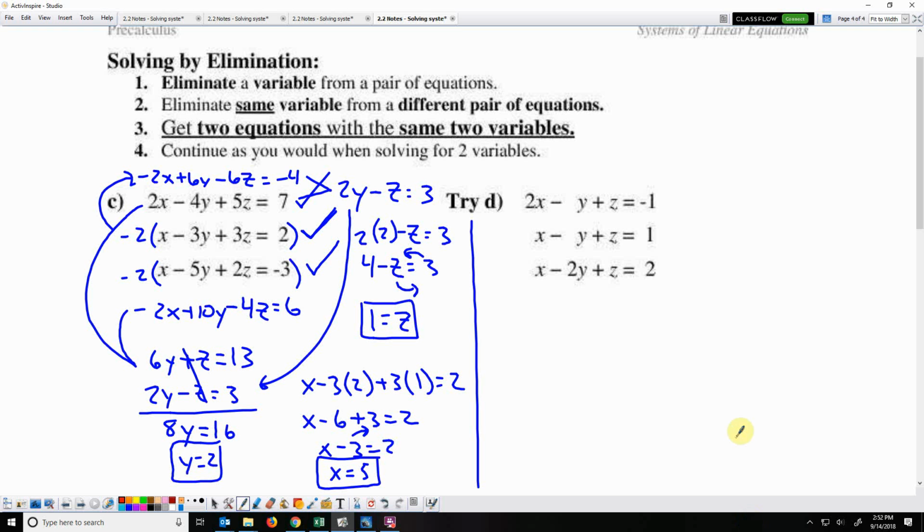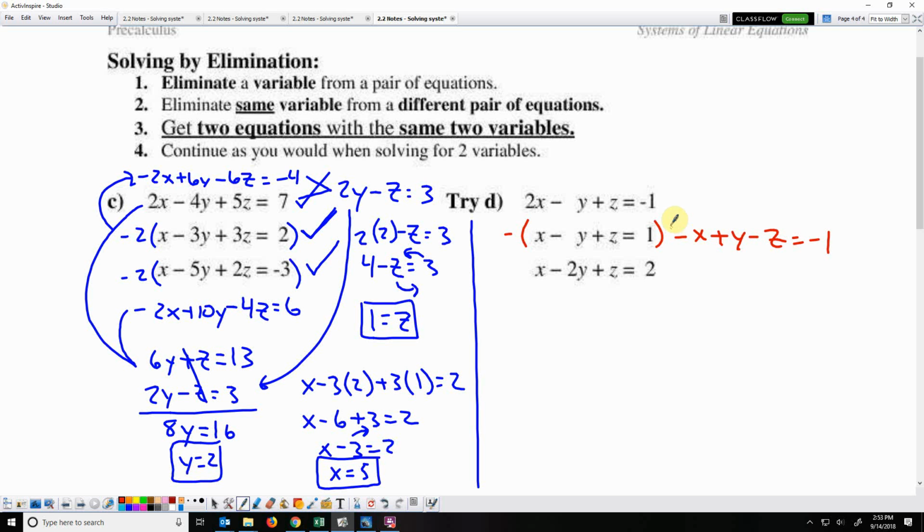All right, in the next problem, I think it's going to be easiest to eliminate some z's. So I'm going to multiply this one by negative 1 and get negative x plus y minus z equals negative 1.